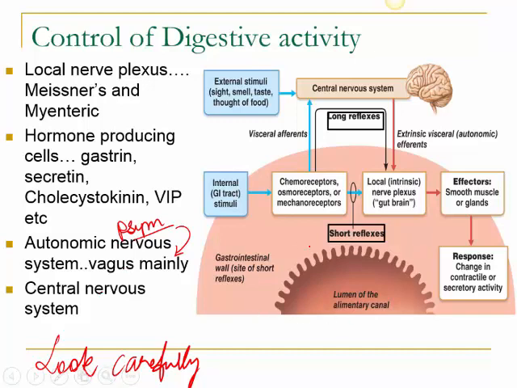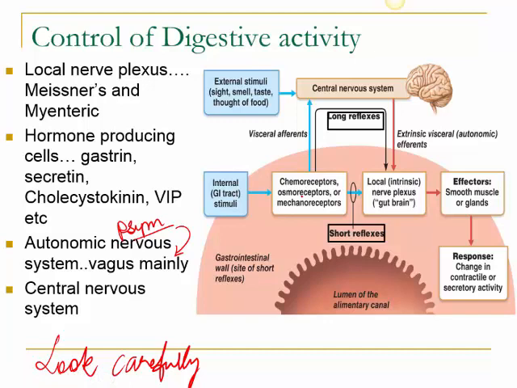When you start from here, here's the lumen and you've eaten food. Inside there are internal GI tract stimuli, and they stimulate receptors which may be chemical receptors called chemoreceptors, which respond to some chemicals present in your food, or osmoreceptors, which respond to the tonicity.